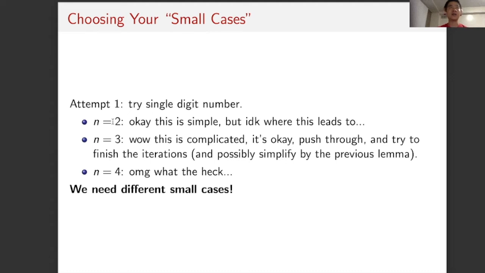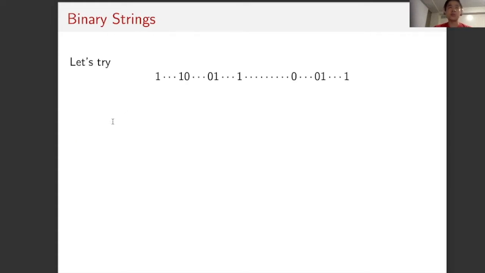Meaning that 2 is way more complicated than the digit 1, and 3 is way more complicated than the digit 2, and 4, I don't even have to say. So if you want to start with something that is really simple, then how about just sticking your strings to 0 and 1, and that's indeed our small case that would work.